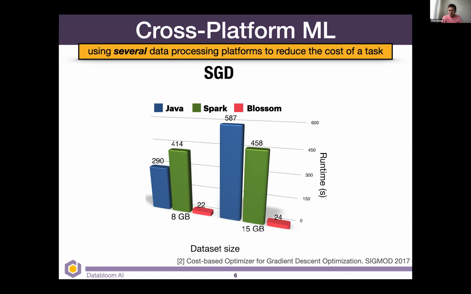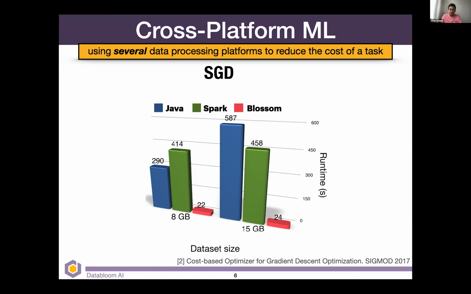But if you use both of them, Java and Spark, to execute that particular machine learning task, you will get basically an order of magnitude better performance, right? And that's basically the point. If I had to remove this Blossom bar and ask you what would be the best way to execute this, maybe you would come up with new frameworks, like run it on TensorFlow, run it on Keras, but in most cases you would never say, what if you run it on this framework and that framework together at the same time, right?